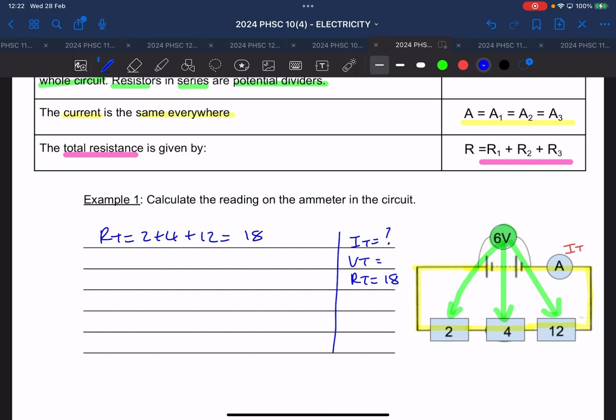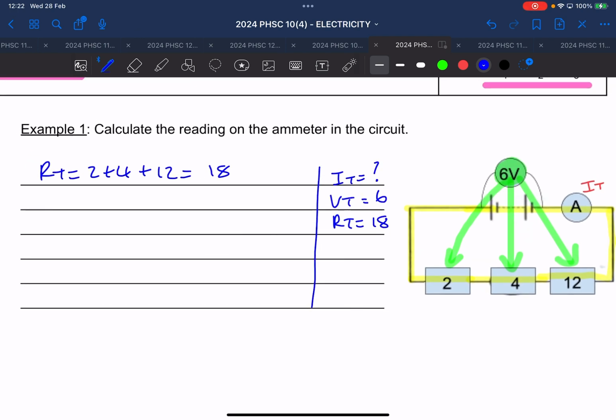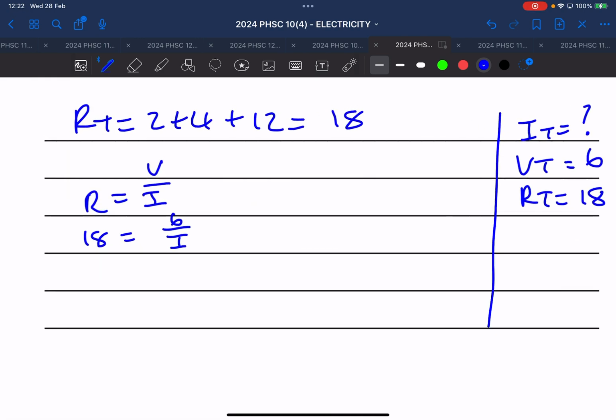6. Okay, now the formula that's on your data sheet is R is equal to V over I. You always write down a formula exactly like it is on your data sheet. Then you substitute your values. Okay. Now Karabu, my question to you is, this current that you want to calculate is underneath in the fraction.